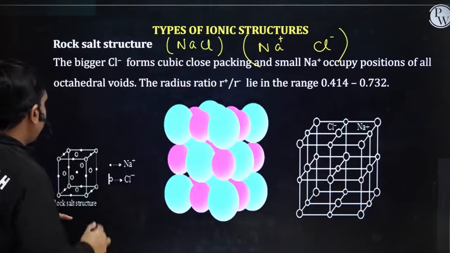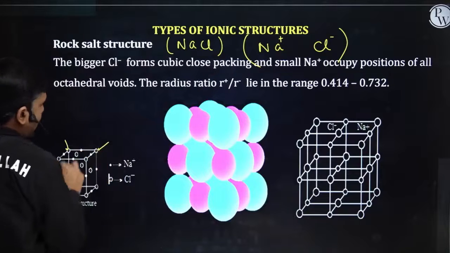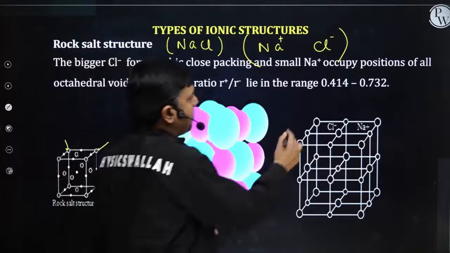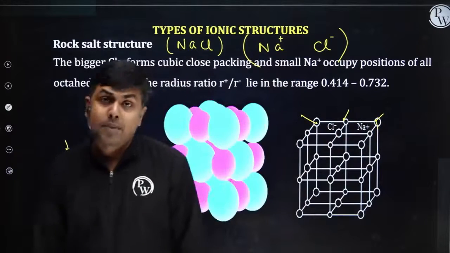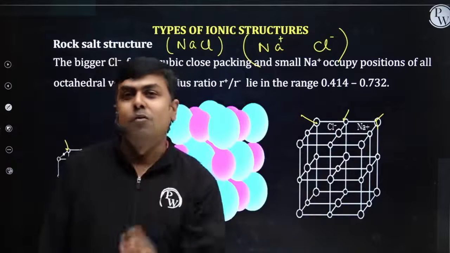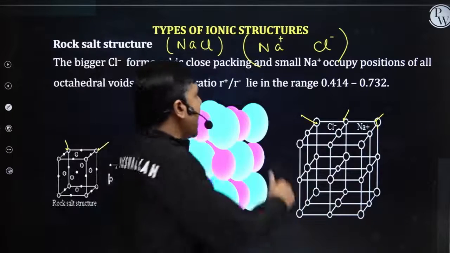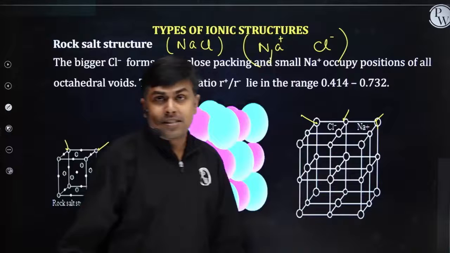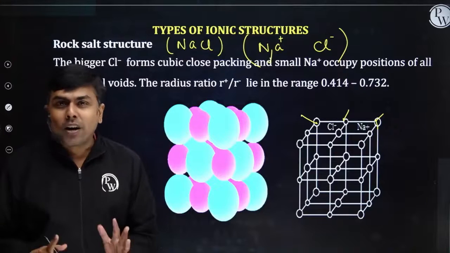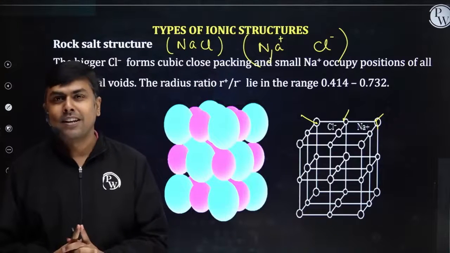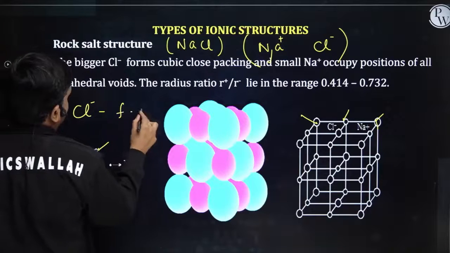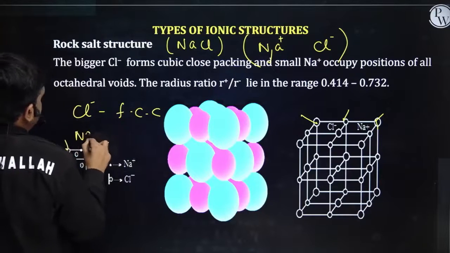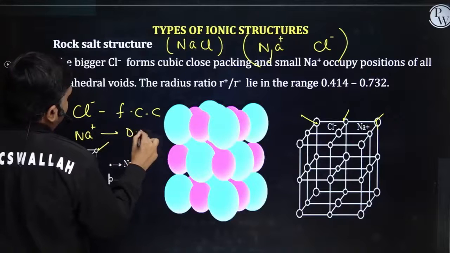Anions are placed in the FCC lattice, whereas cations, being smaller, will be placed in voids, and here the cation Na+ is placed in all the octahedral voids. Am I clear? Cl- in FCC lattice, Na+ in all octahedral voids.